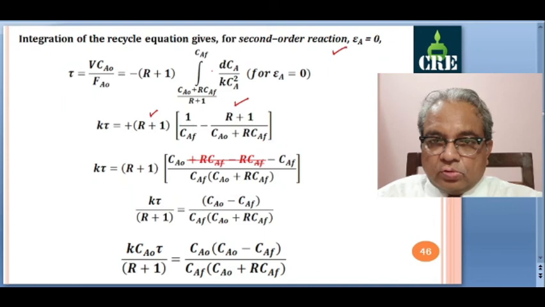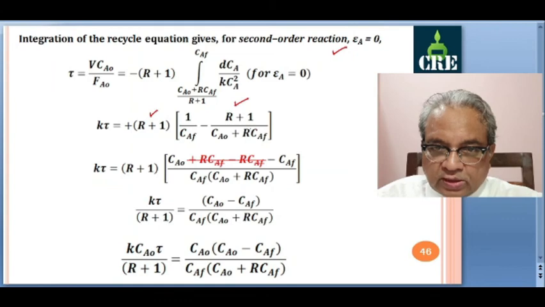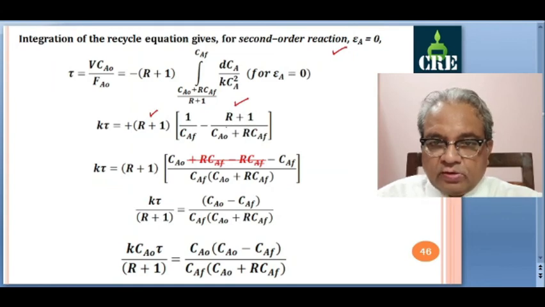So 1 upon CAF, and in place of CA in the denominator, CA0 plus R CAF, and this will go in the numerator. You can solve this. What you get here is CA0 plus R CAF minus R CAF minus CAF.